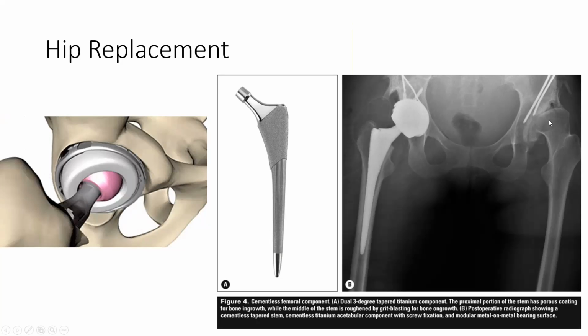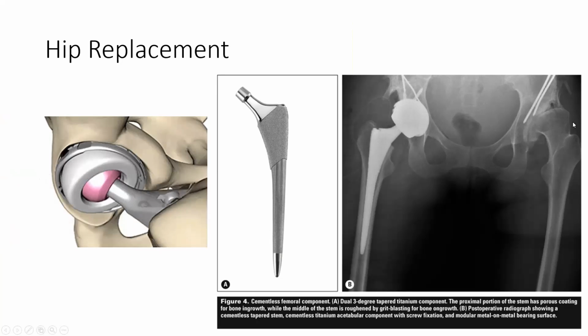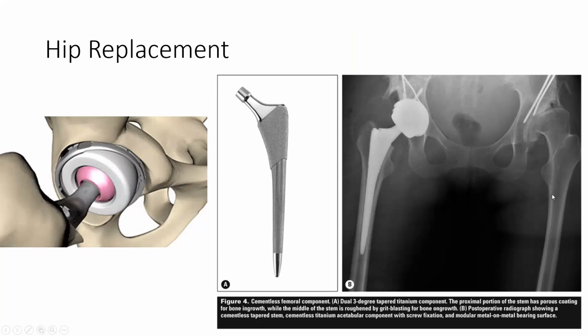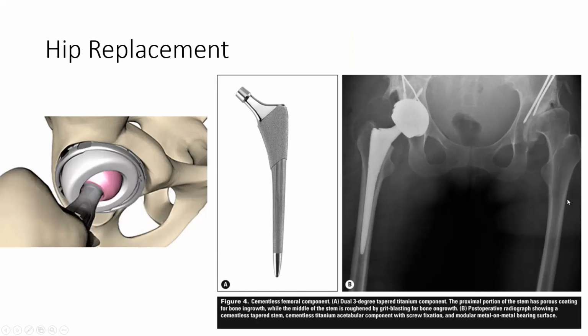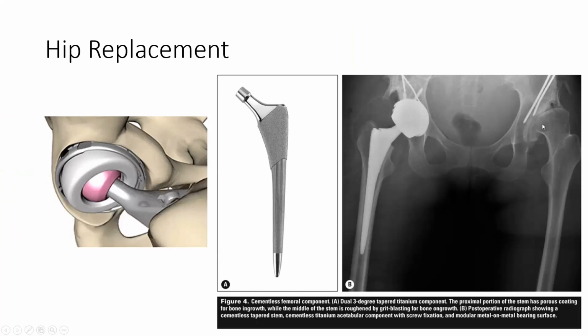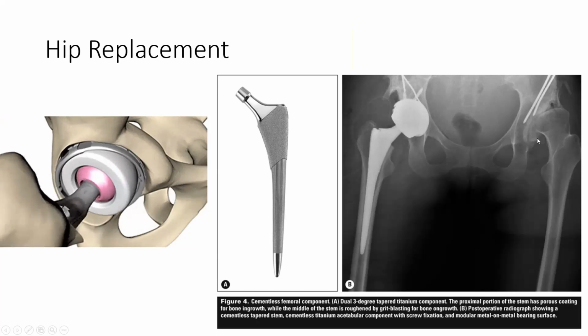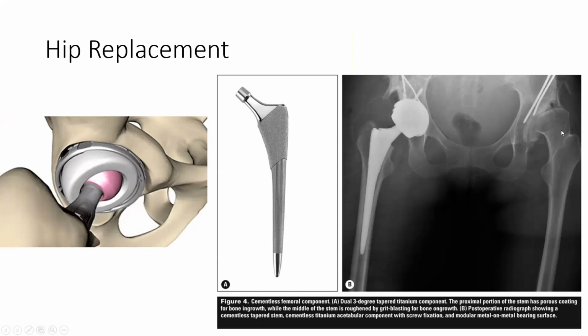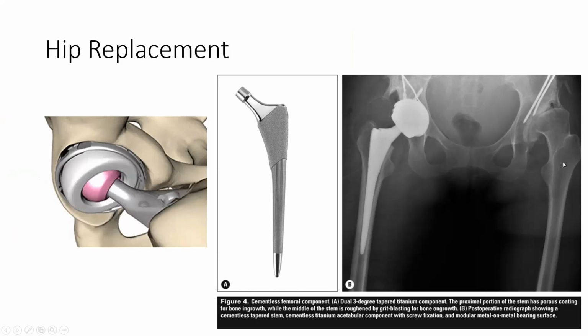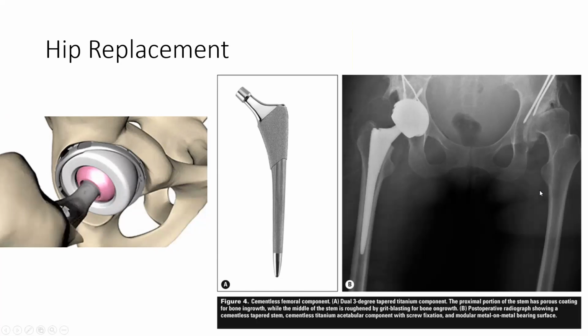Like this other hip is probably a good candidate for replacement too, because there's not a lot of calcium present in there. So this side is probably going to break along here if it isn't fixed soon.